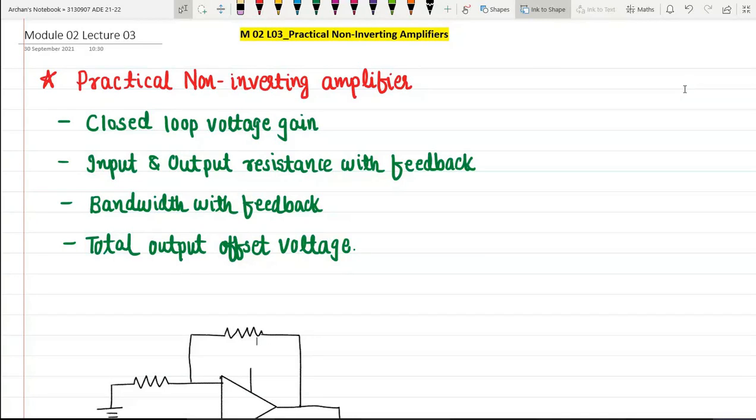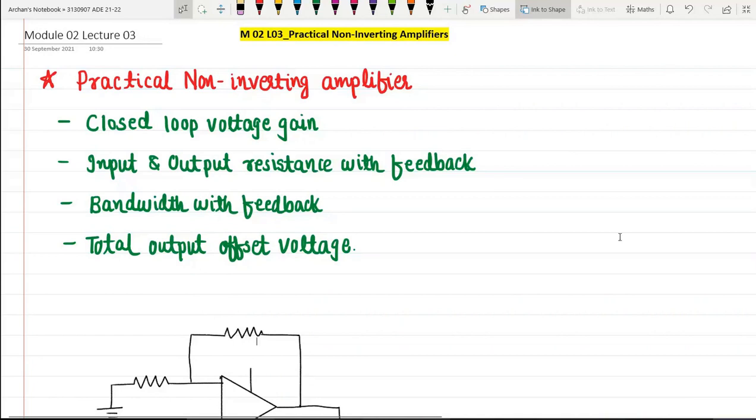Okay, so like we have done analysis in case of inverting amplifier, we will also try to do the analysis of non-inverting amplifier and try to find out these parameters: closed loop voltage gain, input output resistance with feedback, bandwidth with feedback, and what should be the amount of total output offset voltage with feedback.